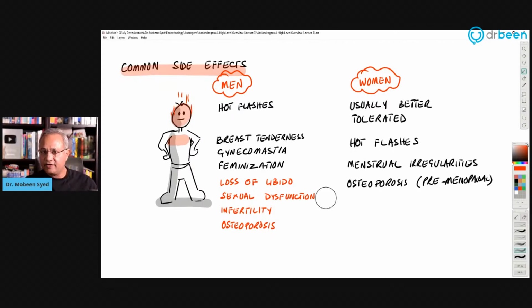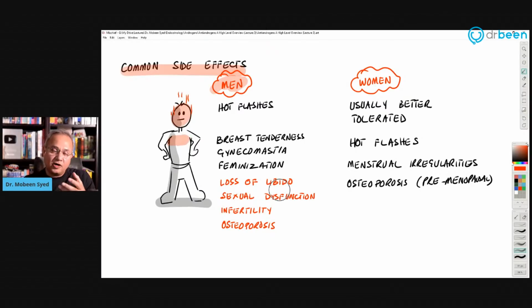So the side effects, of course, will be that when we block androgens, then these features will start reducing. Men have more male features, so when you give anti-androgens, men will show more side effects compared to women. In men, hot flashes can occur, breast tenderness and gynecomastia can occur, because the lesser production of testosterone would then cause more activity of estrogen, and that would cause feminization.